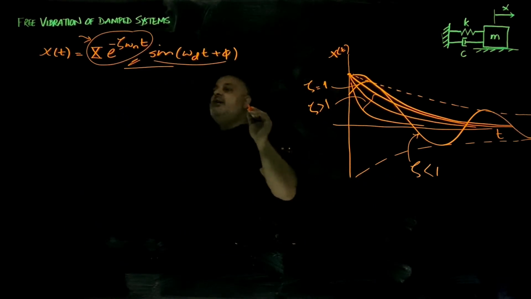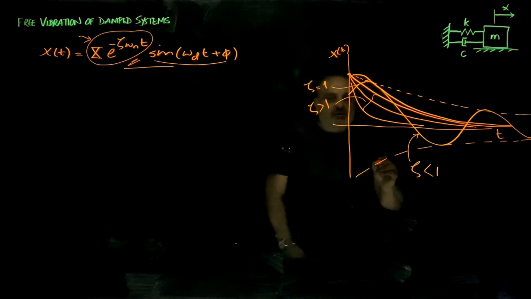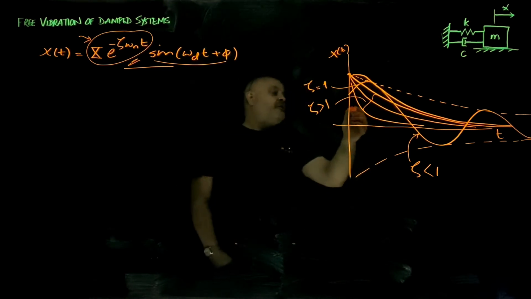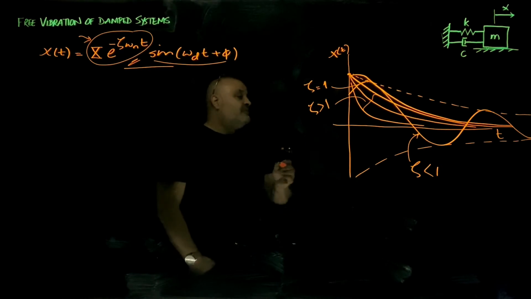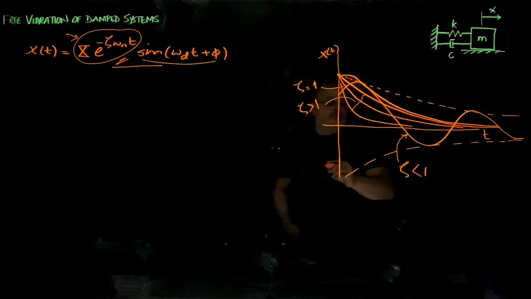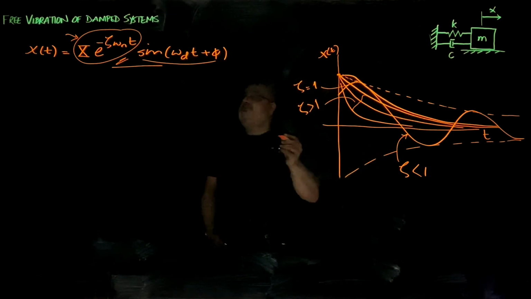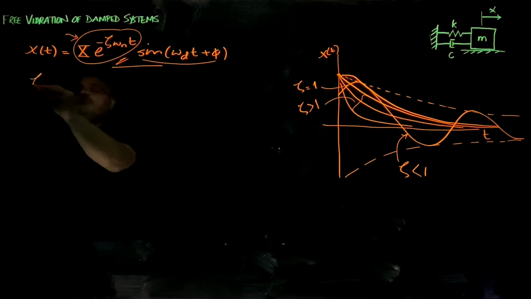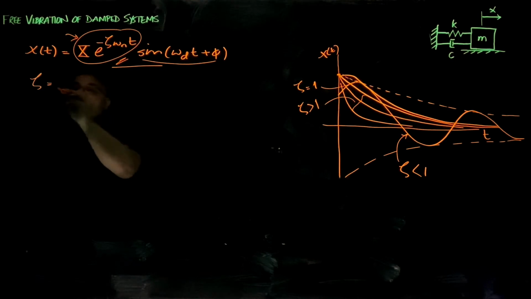This is the important and interesting part for us in the vibration course, because in the other cases the response is exponentially dying to 0 and there's no vibration in the system. So this is the case where I will be studying most of the vibration analysis, where zeta is less than 1.